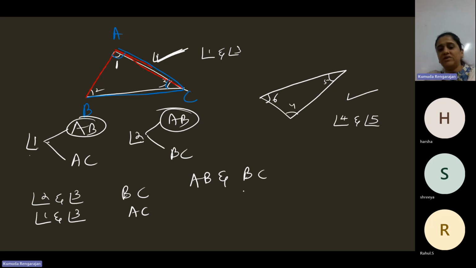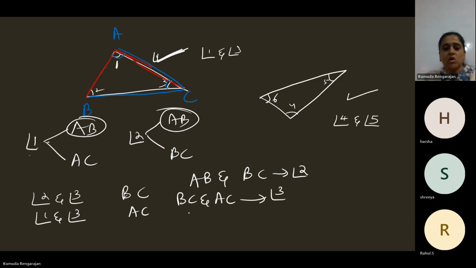Angle 2. Which is the included angle for sides BC and AC? Angle 3. Which is the included angle for sides AB and AC? Angle 1. So this is about included sides and included angle.